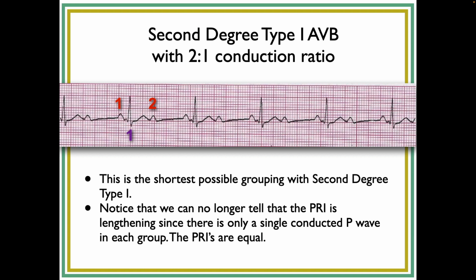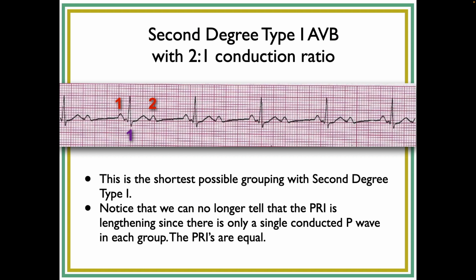Now notice that when it gets to 2 to 1, one of our criteria for deciding on second degree type 1 disappears, because one of the criteria is that the PR interval gets longer. But when it's 2 to 1 in a group, there's nothing to compare this to because there's no PR interval that follows before the group starts up again.